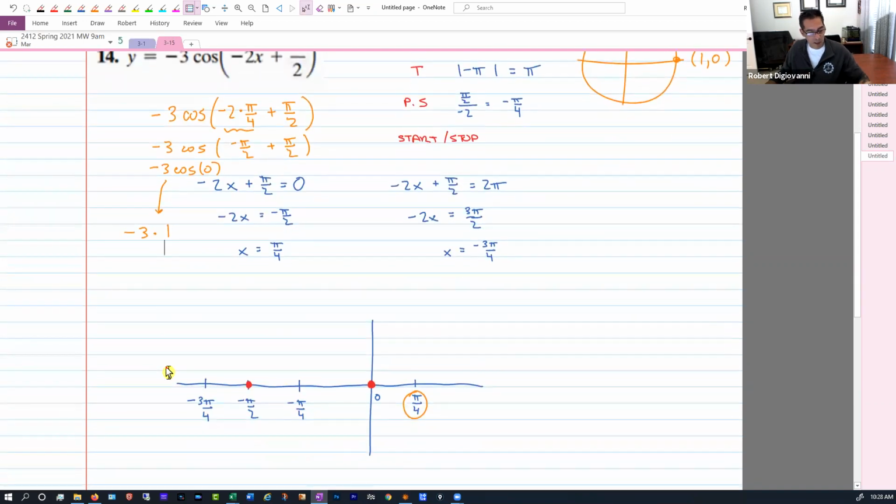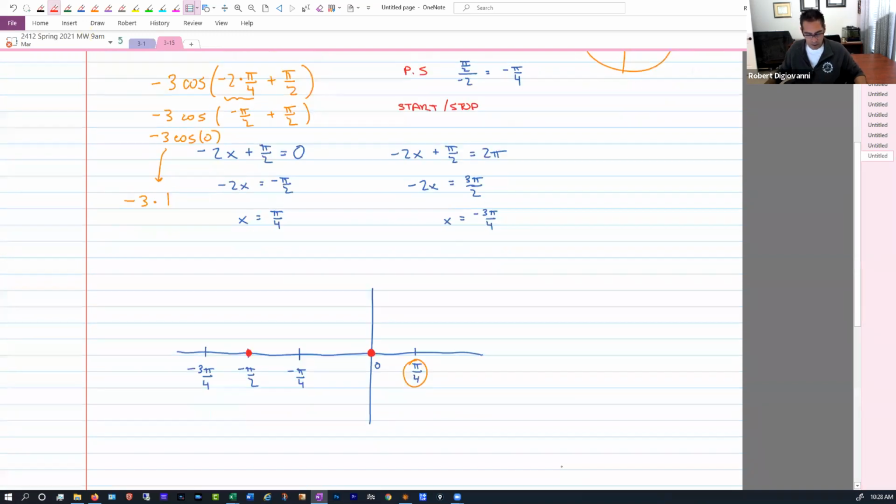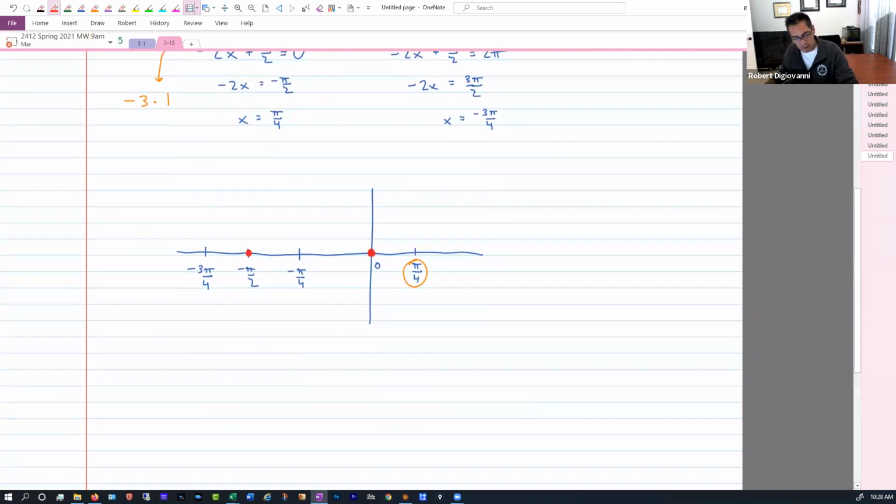So what that's telling me is that when I'm here at pi over 4, I'm down here at negative 3. And here's my positive amplitude, positive 3, right? Can y'all tell that from this right here, because this endpoint is down, that would mean that this endpoint also has to be down right here.